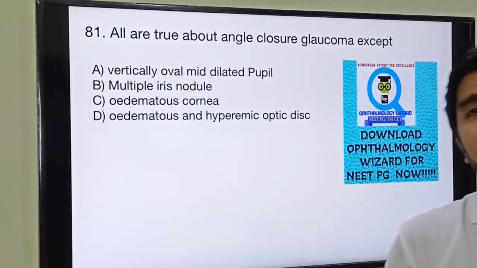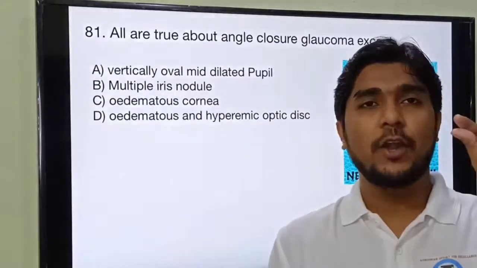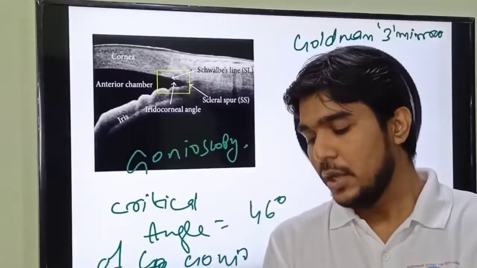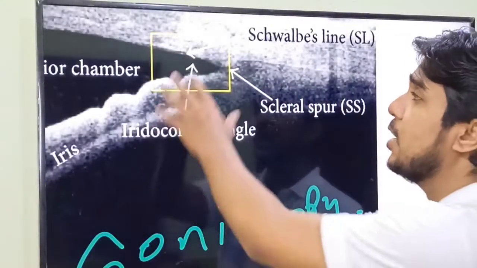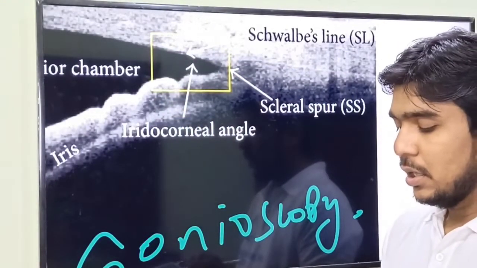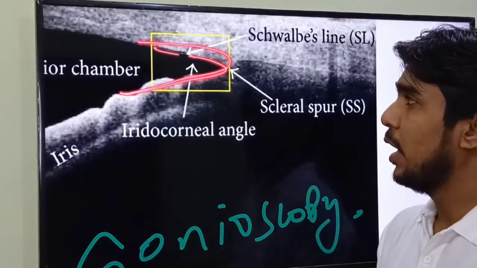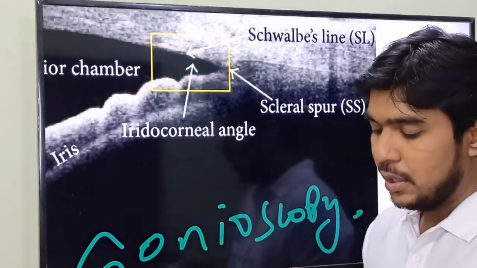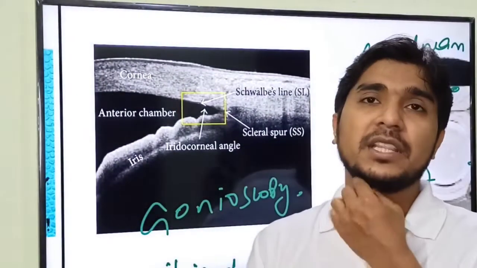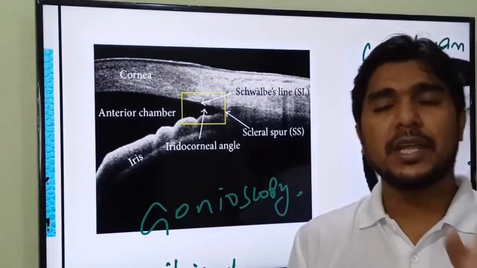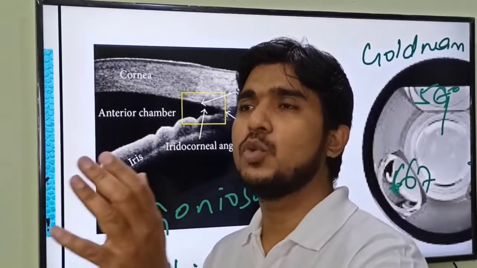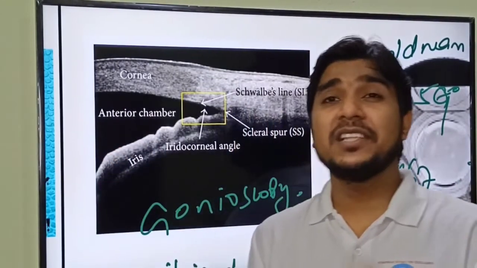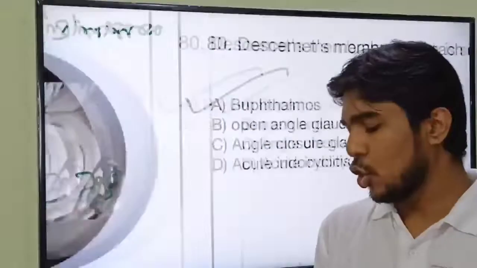But when there is angle closure glaucoma, it means the iridocorneal angle I talked about is quite narrow. How do you assess this? By gonioscopy. Or if you don't have gonioscopy, just remember a shallow anterior chamber is a risk factor for angle closure glaucoma, right?